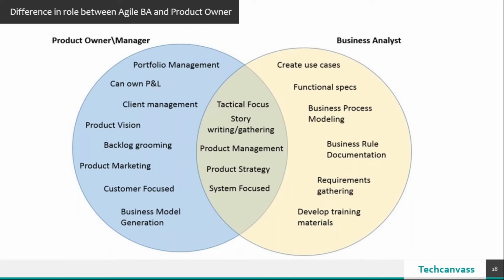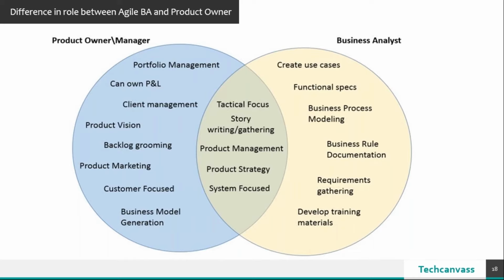They would also develop training material for your end users, or collaborate to ensure that the team understands what needs to be developed. So everything related to requirements or understanding of the requirements are the roles of a business analyst, whereas everything that comes with the product vision, product marketing or revenue generation is basically the exclusive role of a product owner or a product manager.